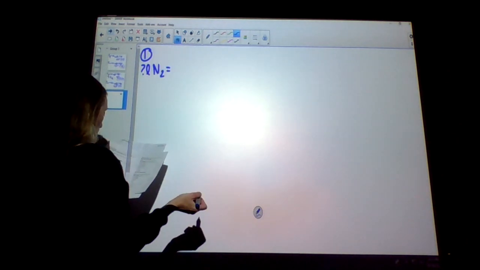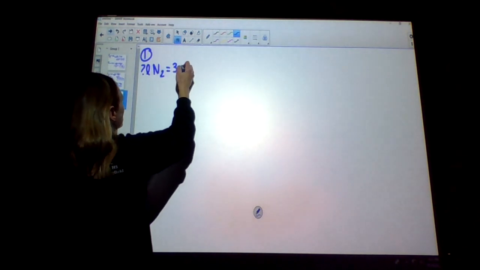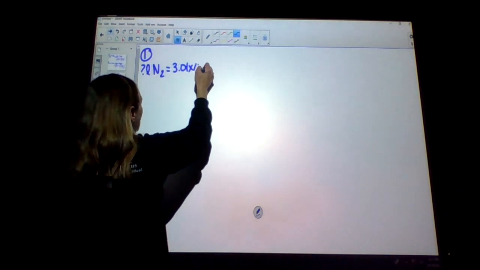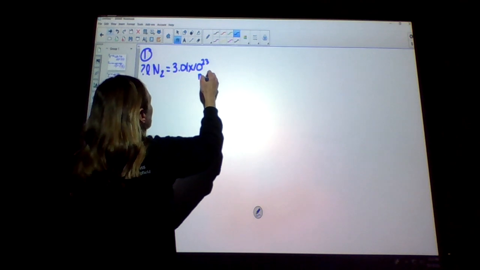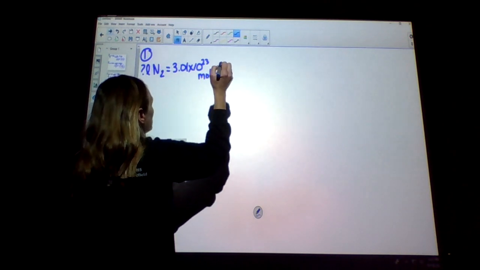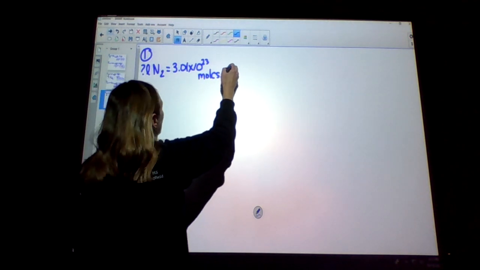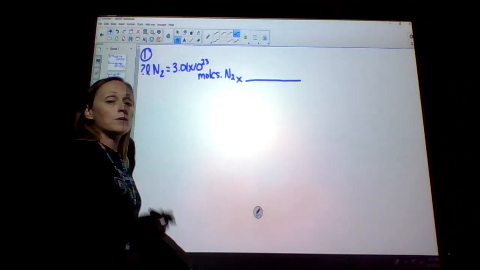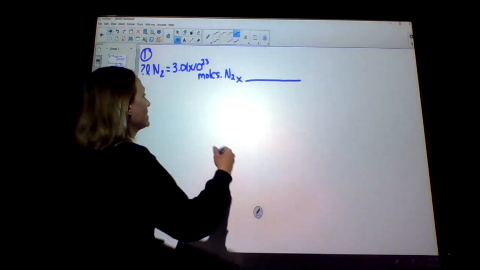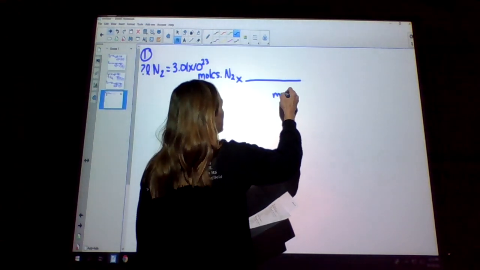What do we know about nitrogen? We know we have 3.0 times 10 to the 23rd molecules of diatomic nitrogen. If we want molecules to cancel, we know that's going to go in the bottom of our equality.